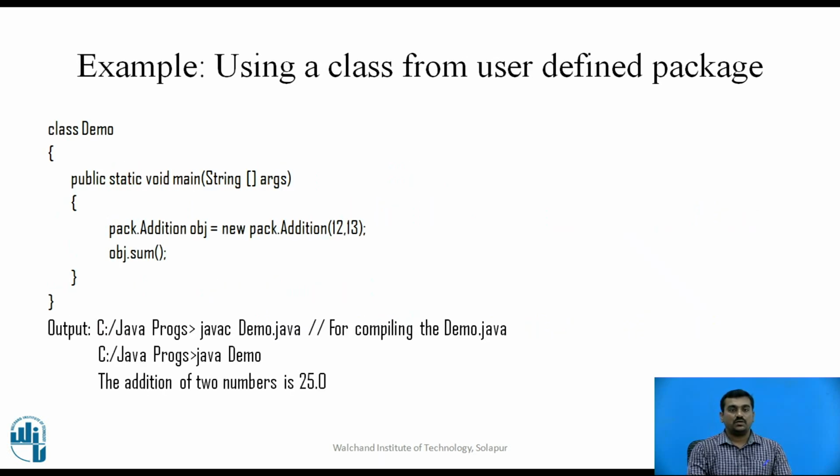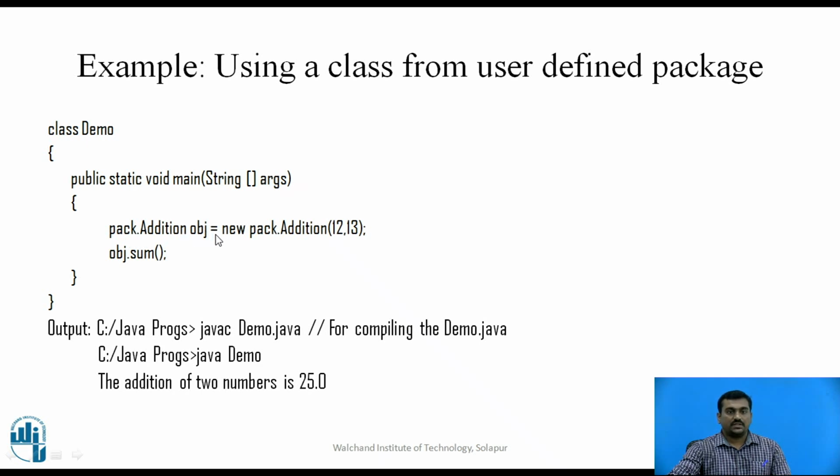Now let us say you want to use this addition.class file in your program. I have written one program here, class demo, and here I have to write public static void main because every Java program will start its execution from the main method. Then I have to refer to the addition class which I have written, which is present in the pack folder. So I have to specify it as pack.addition object.